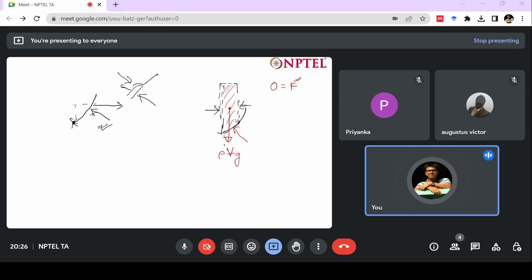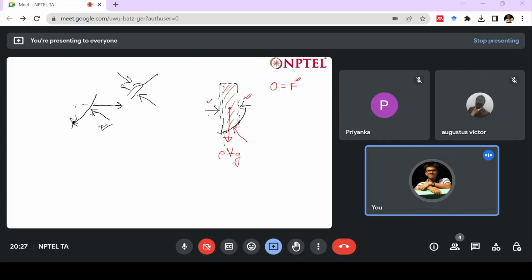Now, we know that this fluid is stationary, right? So the forces must balance each other. The vertical forces must balance each other. These two sides are not applying any vertical forces, right? In the y direction, these two sides are not applying any forces.